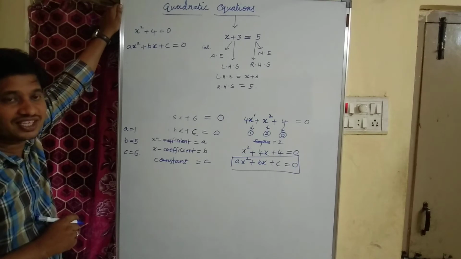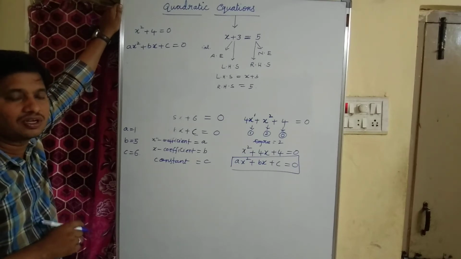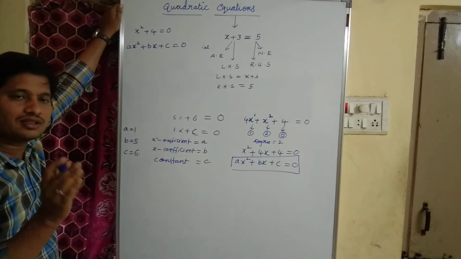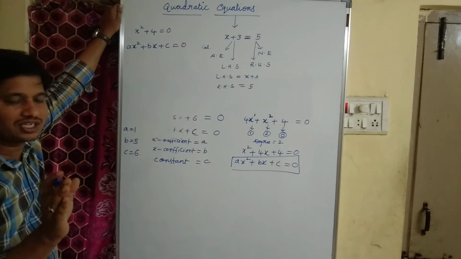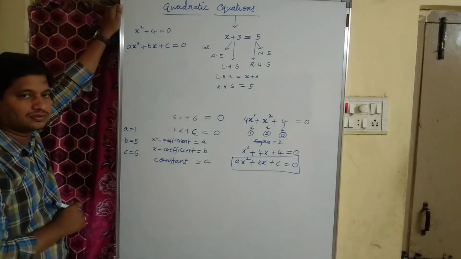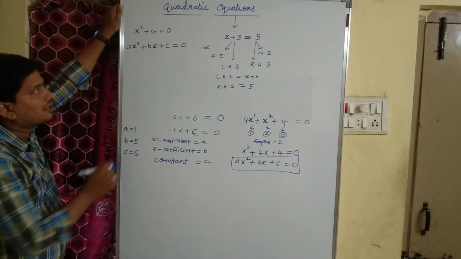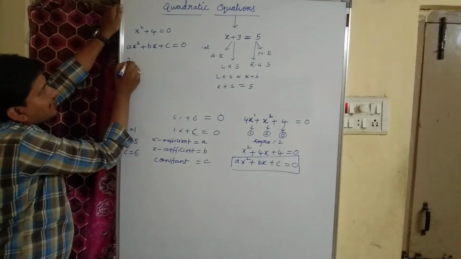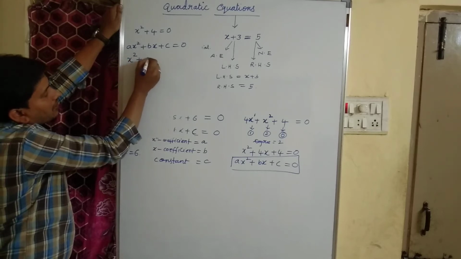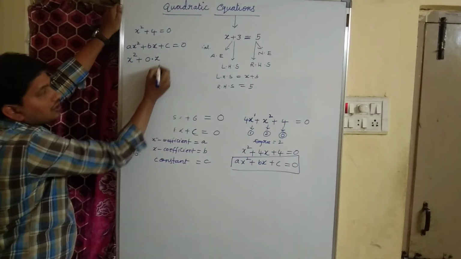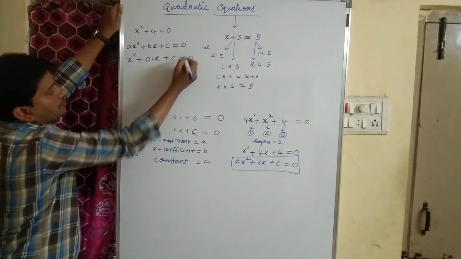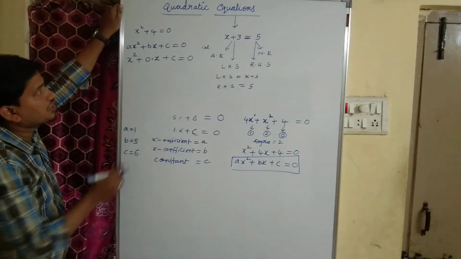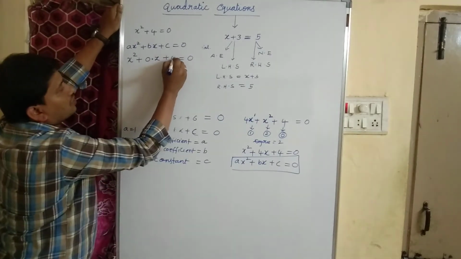Of course, it is not in the form of ax square plus bx plus c equal to 0. Right? But how can I write x square plus 4 equal to 0? I can write like this: x square plus 0 into x plus 4 equal to 0.